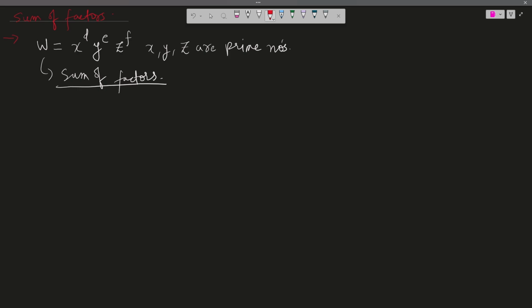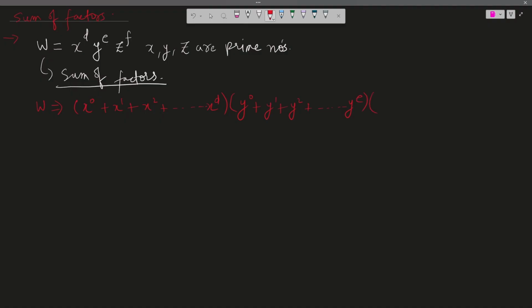In the previous videos, we have already seen that the factors of W can be expressed as x to the power 0 plus x to the power 1 plus x to the power 2 plus up to x to the power d. Similarly, y to the power 0 plus y to the power 1 plus y to the power 2 up to y to the power e.